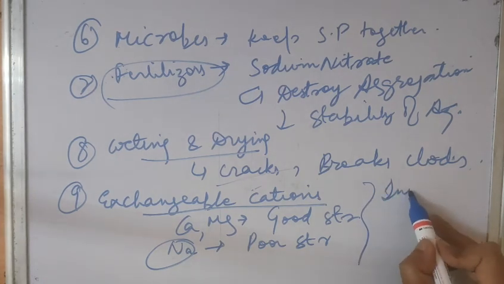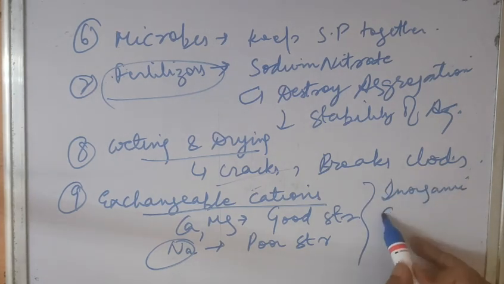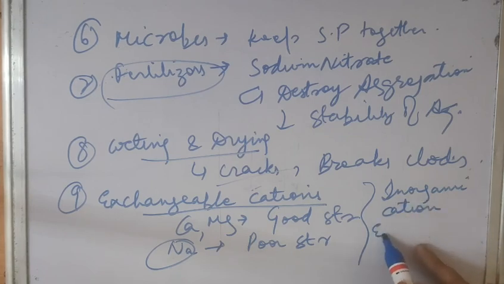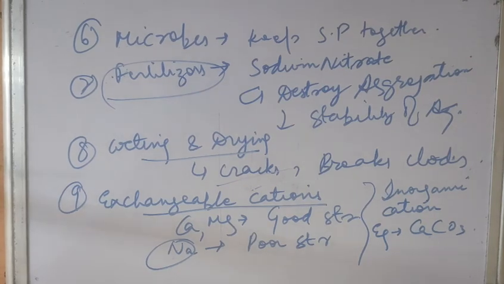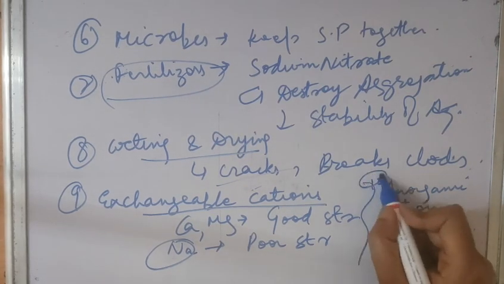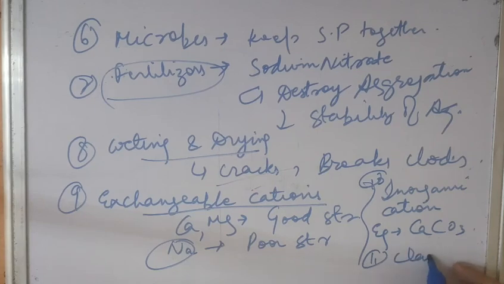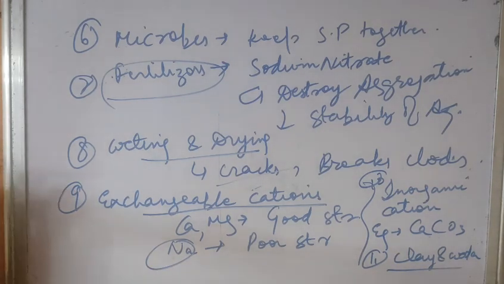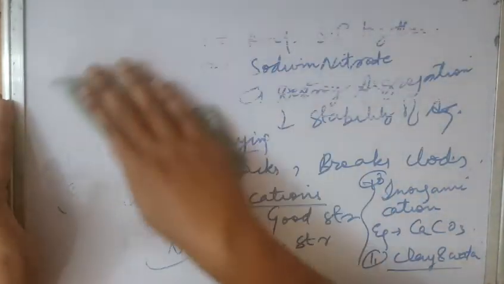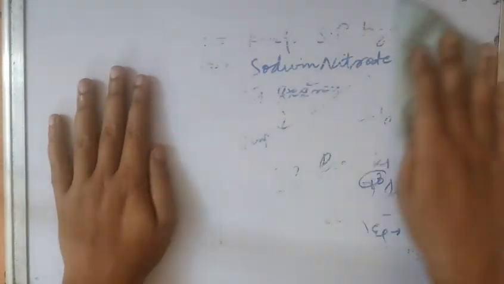We have got inorganic cations, example CaCO3. These all affect soil structure. This is number 10. Number 11, clay and water. These also affect soil structure. Water sometimes leads to erosion of soil. So these were some major factors affecting structure of soil. If you discuss these 11 points with examples, I think this will be enough to get good marks. Try to give examples.